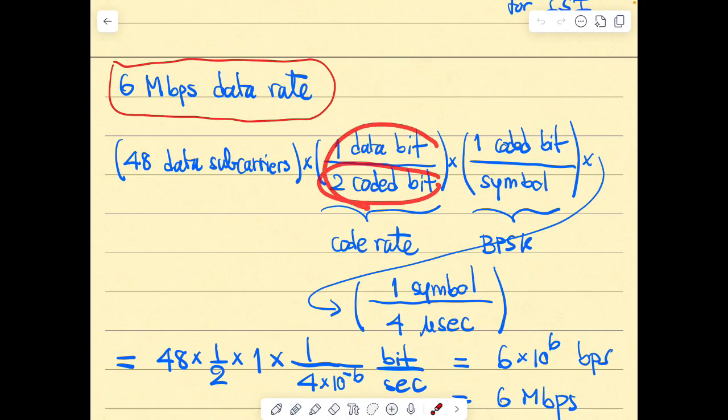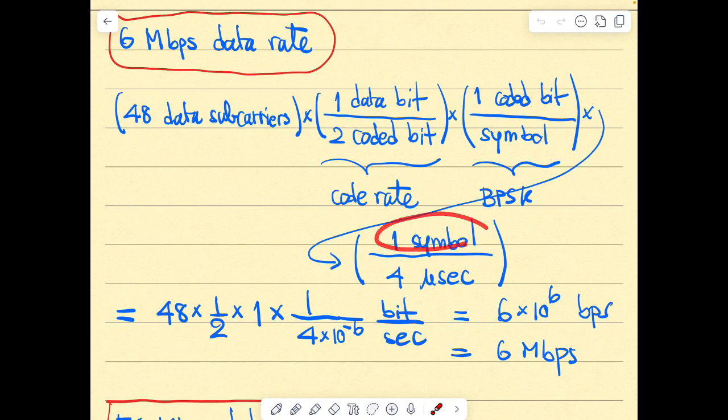So 50% is data, and 50% is redundant, which is used for error correction or error detection. That's the purpose of channel coding. We use the lowest order of modulation, which is BPSK, meaning one symbol conveys only one coded bit. And one symbol takes 4 microseconds to transmit.